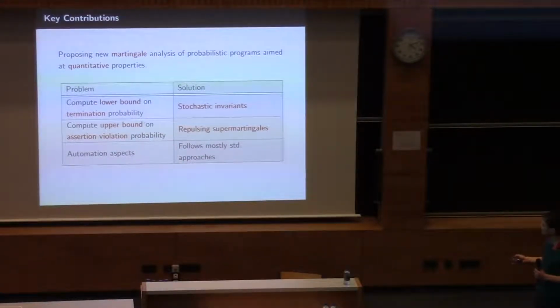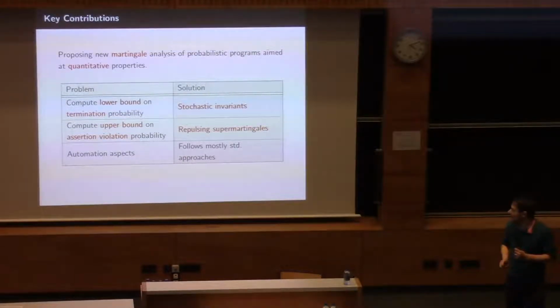First, we aim to compute some lower bound on termination probability of these programs, which we addressed using something that we call stochastic invariants. These reduce the problem to its dual, where we compute some upper bounds on the probability of violating certain assertions, which is a problem for which we introduce the concept of repulsing supermartingales.